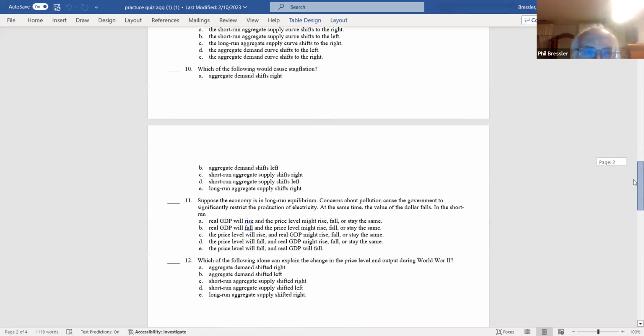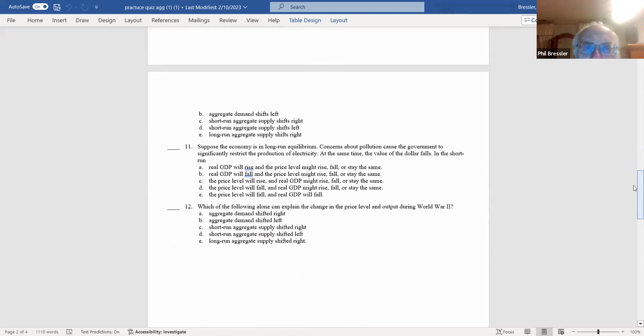Number 11. Suppose the economy is in the long run equilibrium. Concerns about pollution cause the government to significantly restrict the production of electricity. Okay. At the same time. Anytime I see at the same time, man, that's a double shifter, right?